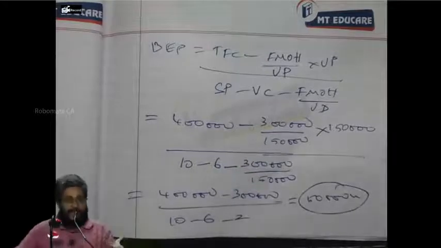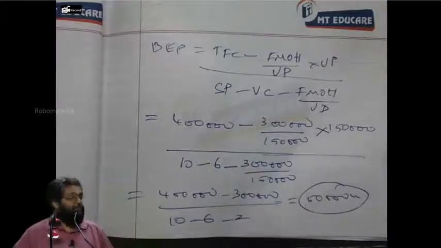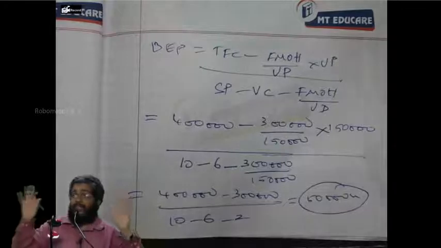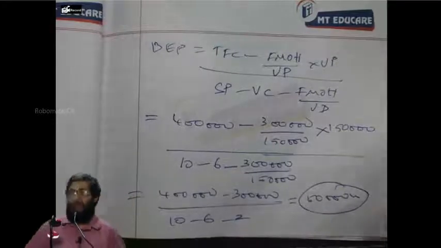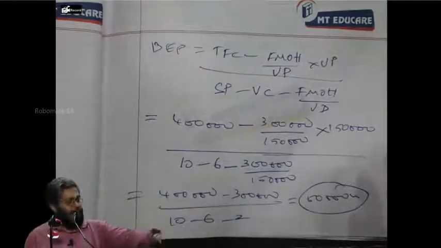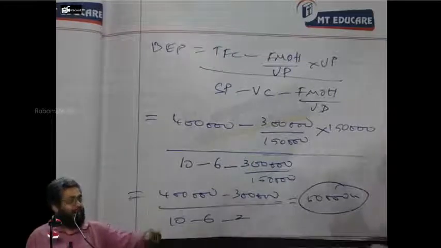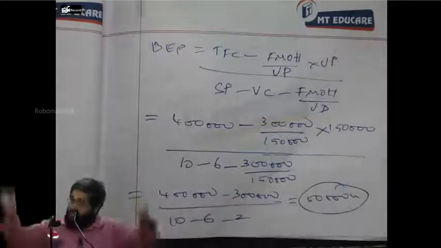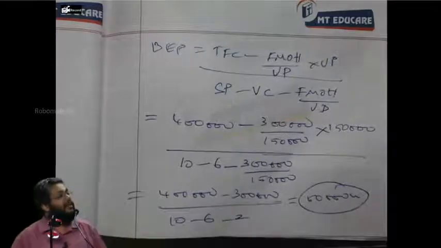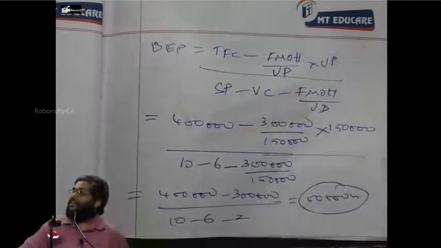Normally, for a company with 1,50,000 normal capacity, if the sales drop to one third, will they incur a loss or not?